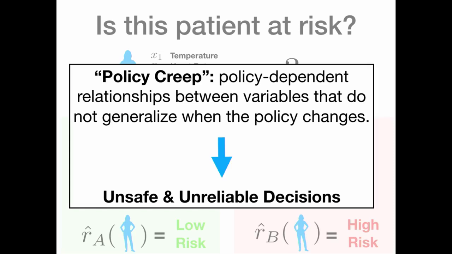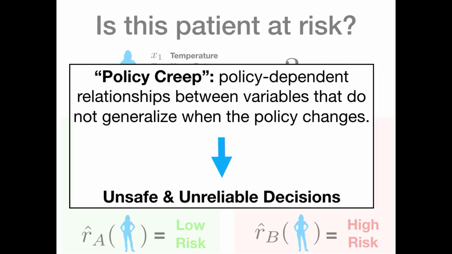Now, you might be asking, how prevalent is this problem? And this issue isn't specific to medicine. In fact, we need to be careful whenever there's a shift in the policy choosing actions between our train and test environments. So for example, if you were to deploy a generic model to help people choose their decisions, as soon as people start using the model, they're actually choosing their actions using a different policy.